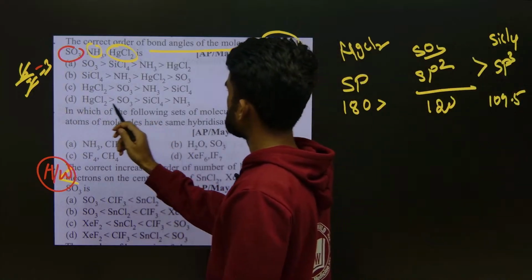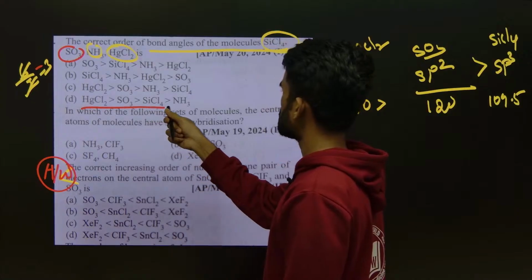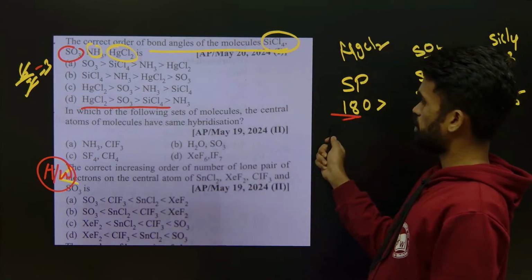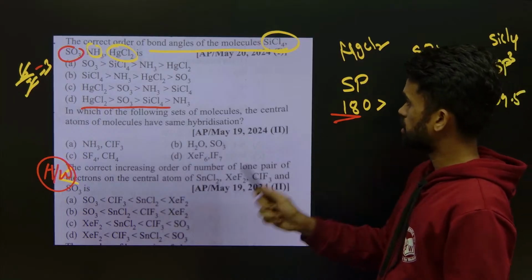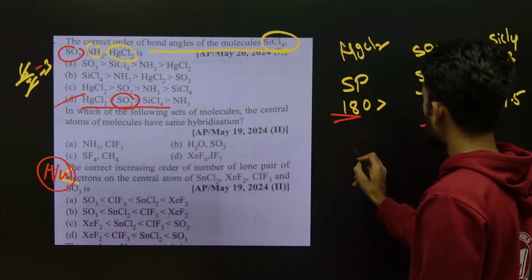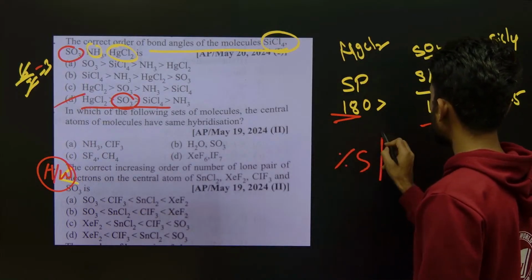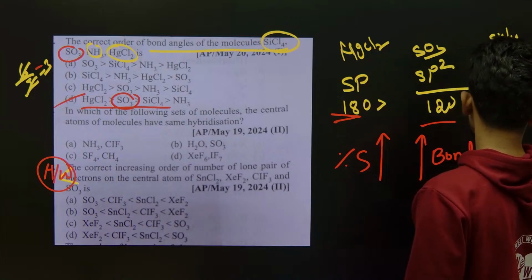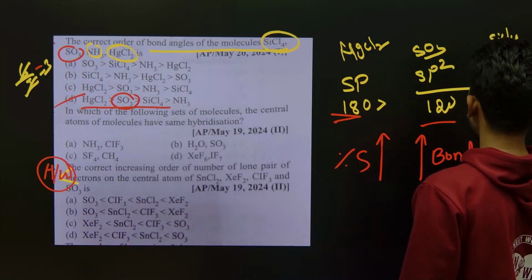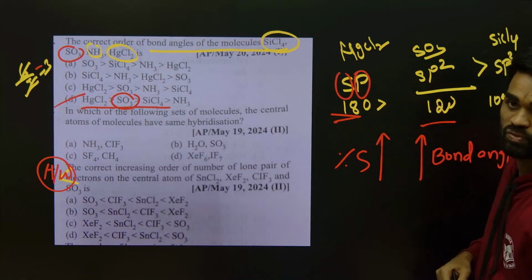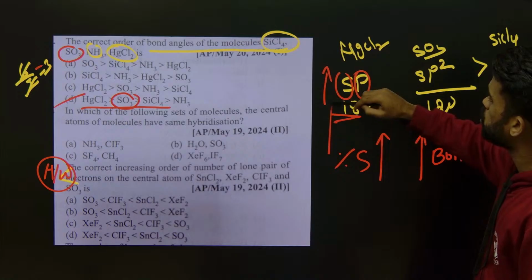So the last option, if you observe, is the same as what we did: HgCl2 has the maximum angle, then SO3. I will tell you one trick here: the greater the percentage of s character, the greater the bond angle. Where do we have maximum s character here? s character and p character are 50-50, so more s character means more bond angle.